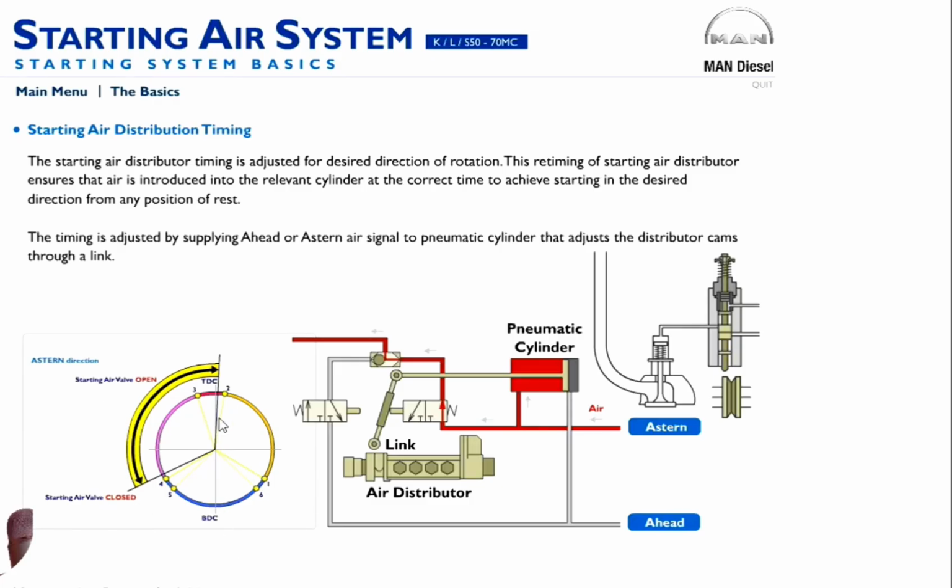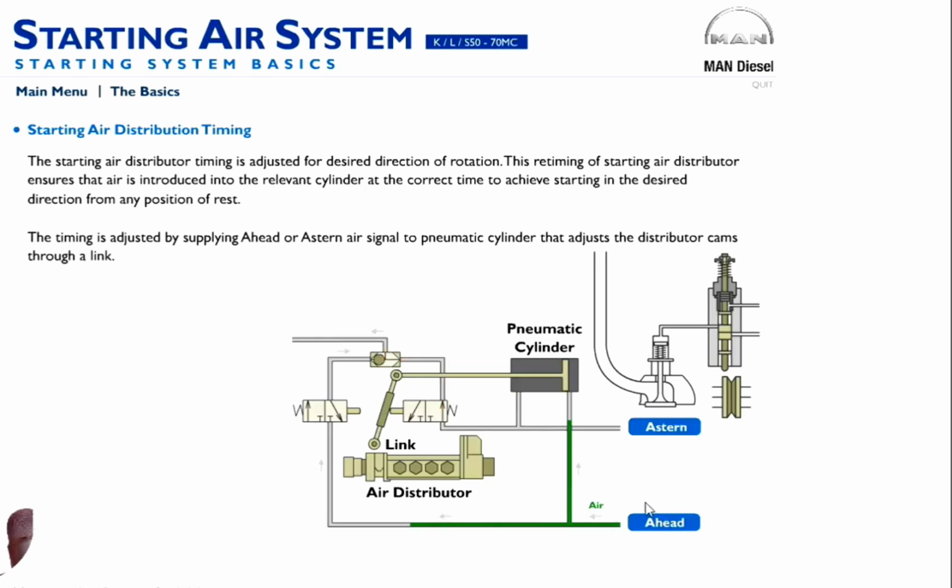Here we can see a diagram of when the starting air valve opens and closes. We have top dead center, bottom dead center, and these are probably our cylinders. Okay, where will the air be inserted first, in which cylinder. And in ahead position, as you can see here, it differs, the direction is changed.